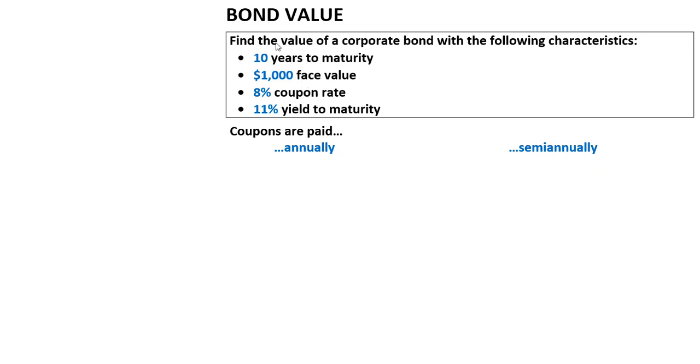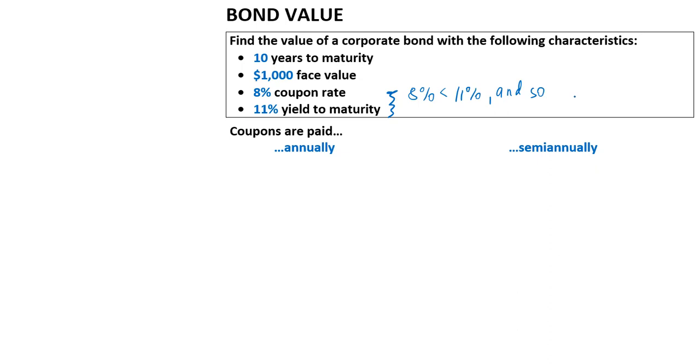So let's calculate the value of a corporate bond which has the following characteristics: 10 years to maturity, $1,000 face value, 8% coupon rate, and 11% yield to maturity. First, the 8% coupon rate and the 11% yield to maturity tell us that because the coupon rate, 8%, is less than the yield to maturity, which is our discount rate, 11%, the bond value should be less than $1,000.